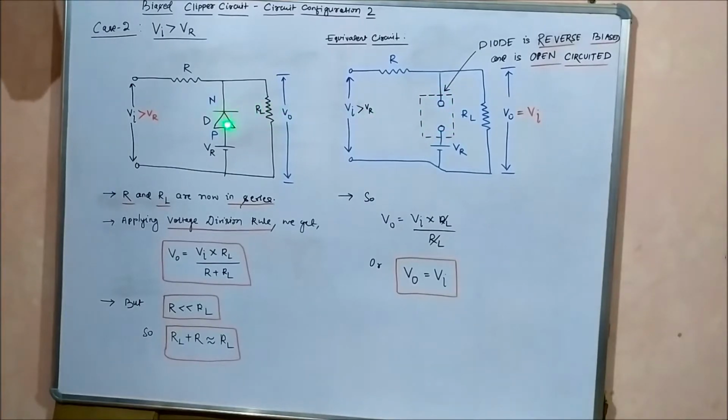Again, the N end, the bar end, is connected to Vi, the P end is connected to Vr, and Vi is greater than Vr in case 2. So the diode will be reverse biased and will behave as an open circuit.